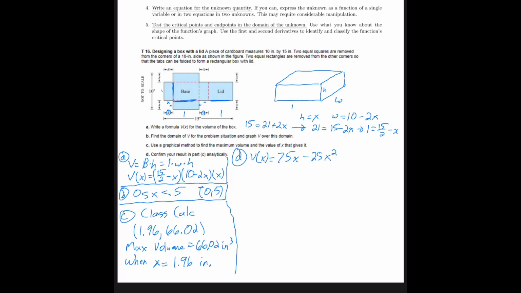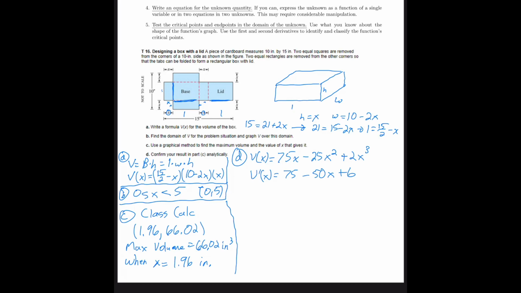And then we also have an x, so 75x minus 25x squared plus 2x cubed. Okay, so I believe if you multiply that all out, that's what you should get.